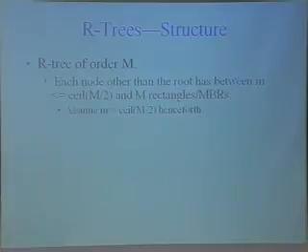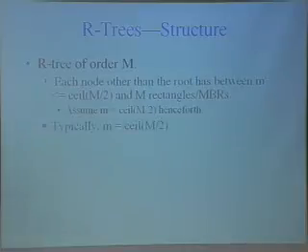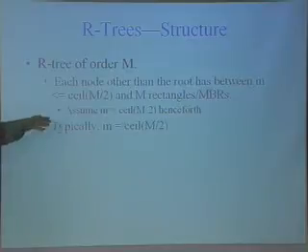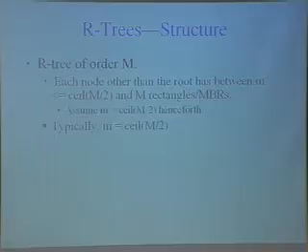Now in our discussions, we'll just assume that the bound is ceiling of M over 2. So each non-root has to contain at least ceiling of M over 2 rectangles in it, and at most M rectangles. And again, in practice, typically people use that, but not always. They do sometimes go below that.